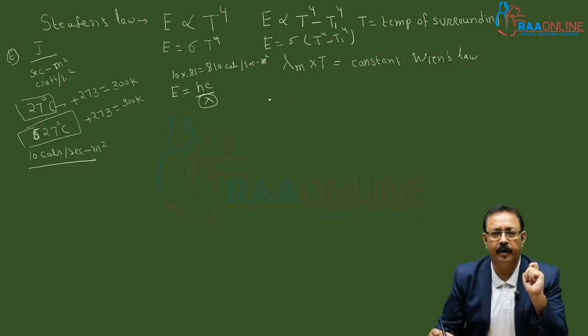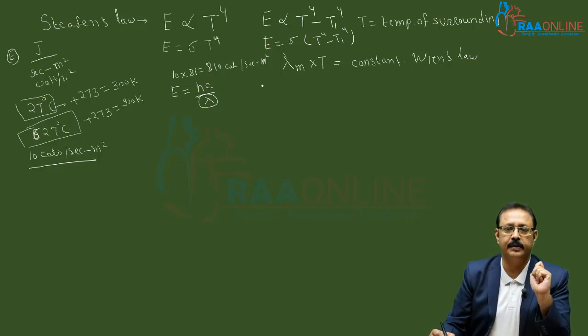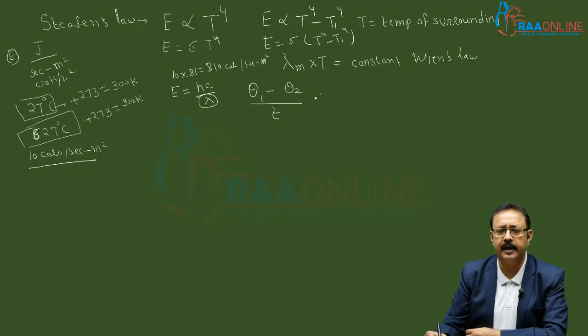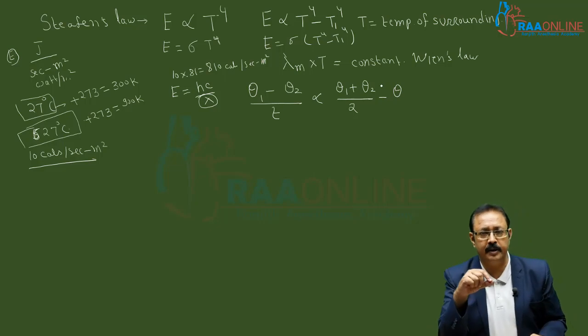And the next important law on which they can ask problems is Newton's law of cooling. What is Newton's law of cooling? Suppose an object is cooling and its temperature goes down from theta 1 to theta 2 in t seconds. Rate of cooling is directly proportional to the mean temperature minus the temperature of the surroundings. If the surroundings' temperature is low, only then cooling will take place.